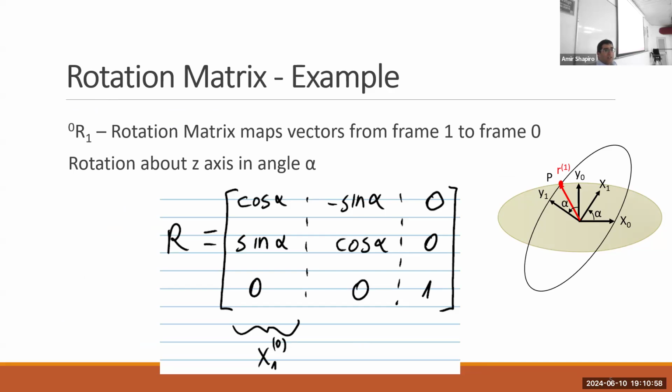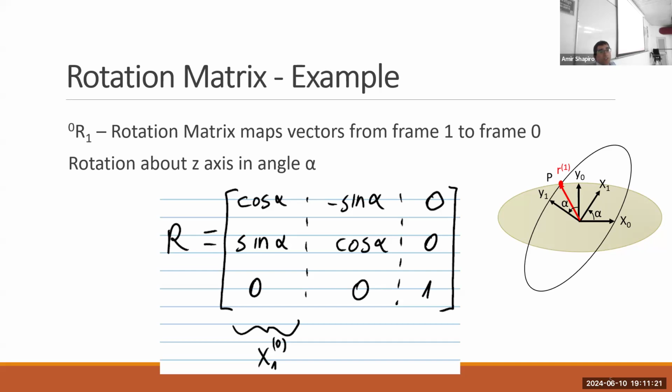So the example here: the rotation matrix, if I have a rotation about the z-axis, as you can see here with two reference frames.